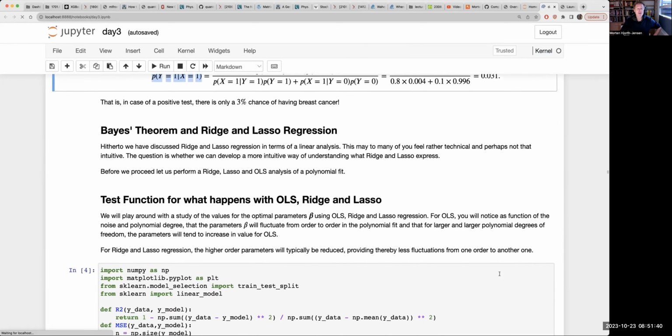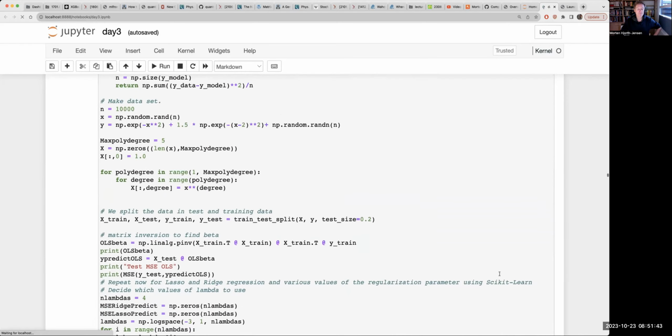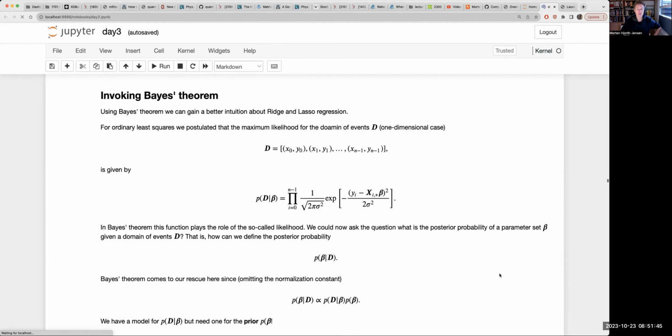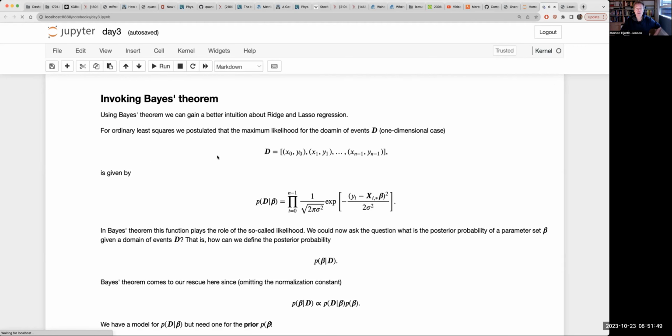So let us just go down here. When we now look at Bayes' theorem, we can actually gain a better intuition about ridge and lasso regression.